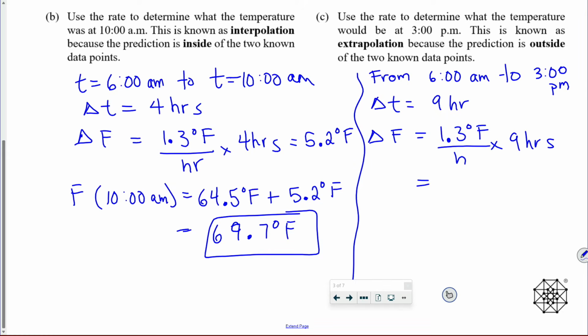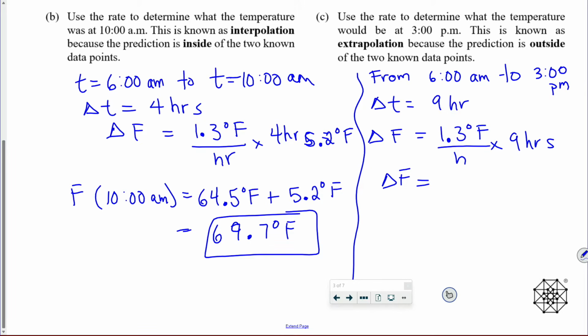And again, you just want to take your calculator out and go ahead and put that in. We don't need to do that here, but that's going to end up being 11.7 degrees Fahrenheit.